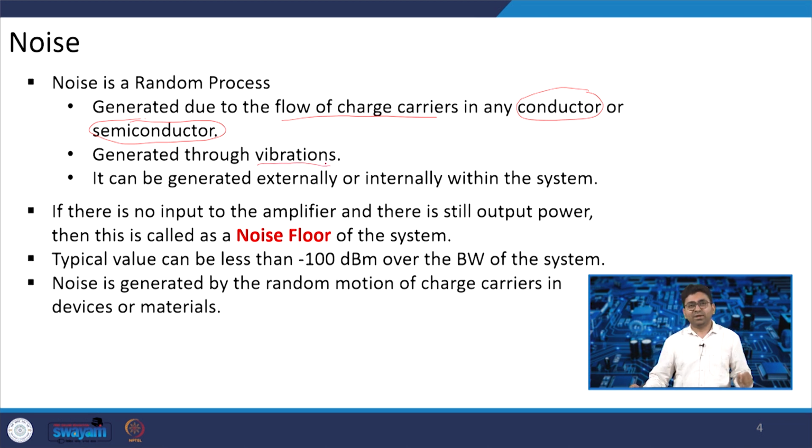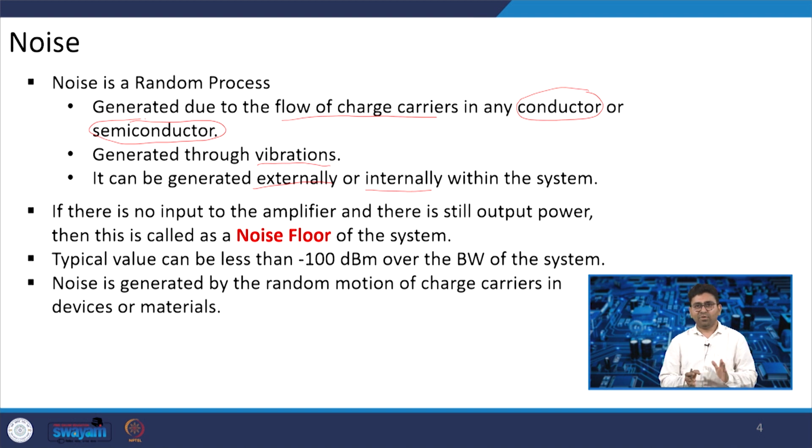We already know that when you send a satellite and a launch vehicle launches, there is tremendous vibration happening in the satellite and its control system, and that will also add noise in the system. So, noise can be due to vibration also, and it can be generated externally or internally, meaning inside the devices or outside the devices.